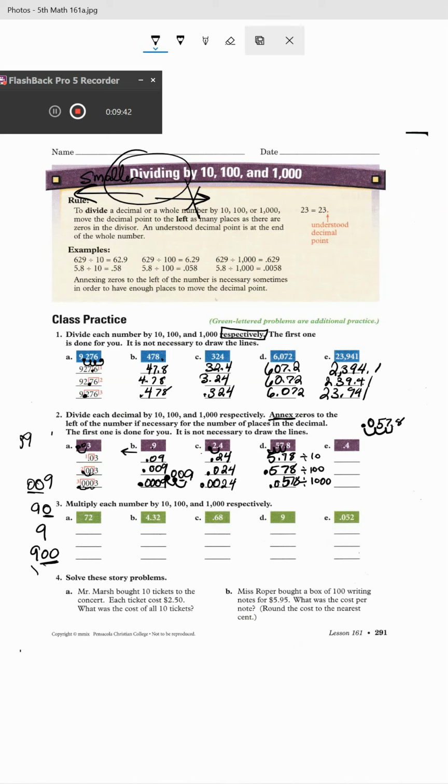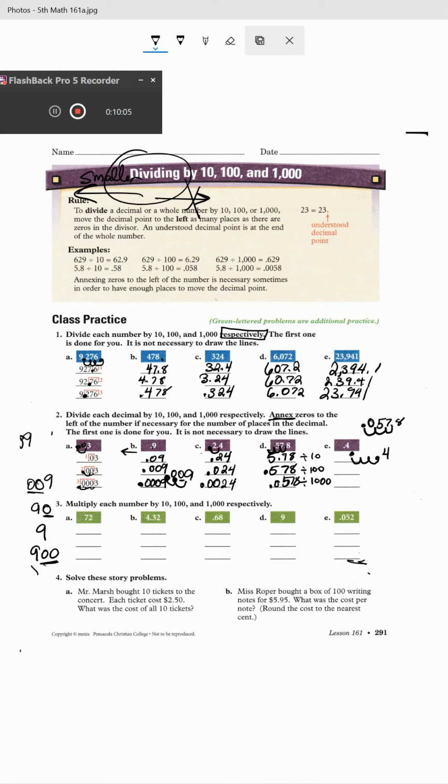Let's try that with the 0.4. So if I have 0.4, I don't have much room over here, although it looks like I have room. Let's do it right away by 1,000, just for once. So 1,000 has 3 zeros. So I have to divide that by 1,000 3 times. Do you see that?